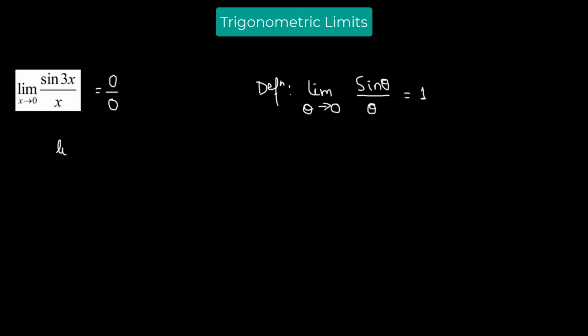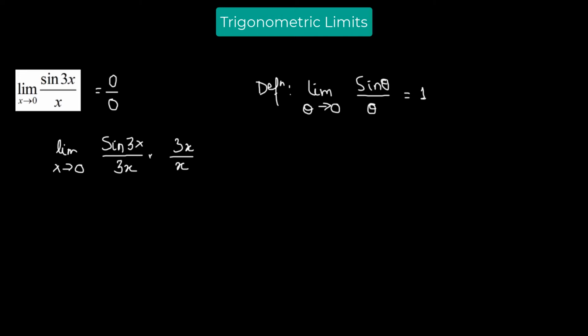We have limit x going to 0 of sine 3x, the theta here is 3x, over x. However, we need a 3x over here. So let's divide by 3x, and since this is an extra term, we are going to multiply it by 3x divided by the term which was the denominator which was already present, that is x.